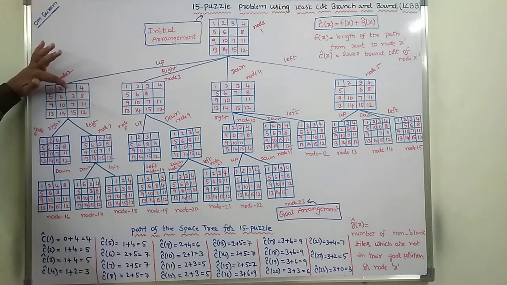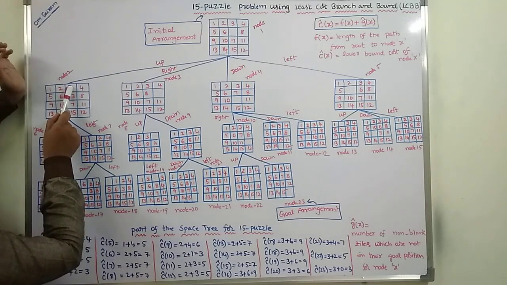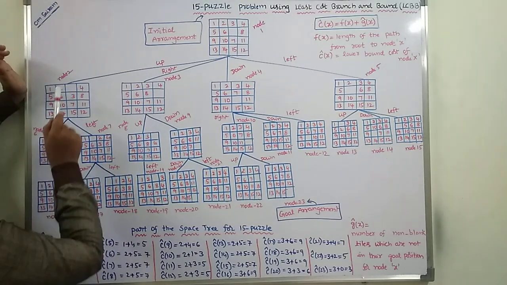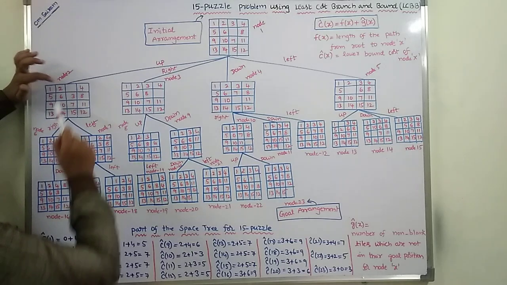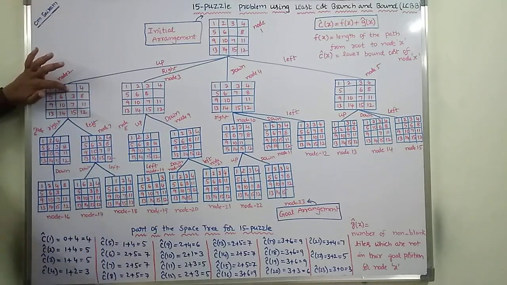Okay, next one. Now consider node 2. This empty tile can be moved to the left direction or right direction. There is no possibility of moving up.